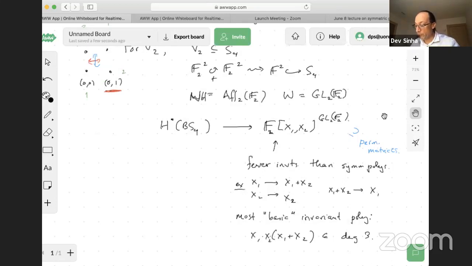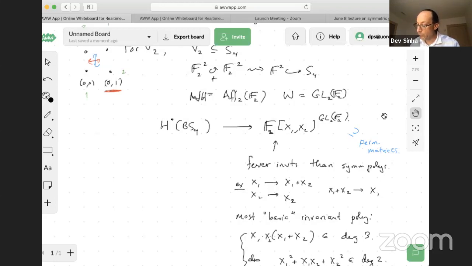There are ones that you can derive from there. They're actually in lower degree. The other one also has x1 squared plus x1 x2 plus x2 squared in degree 2.